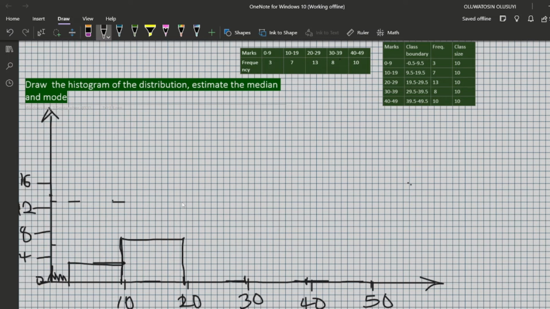Use 13 to have this. So I have that. 13, then we have the other one.